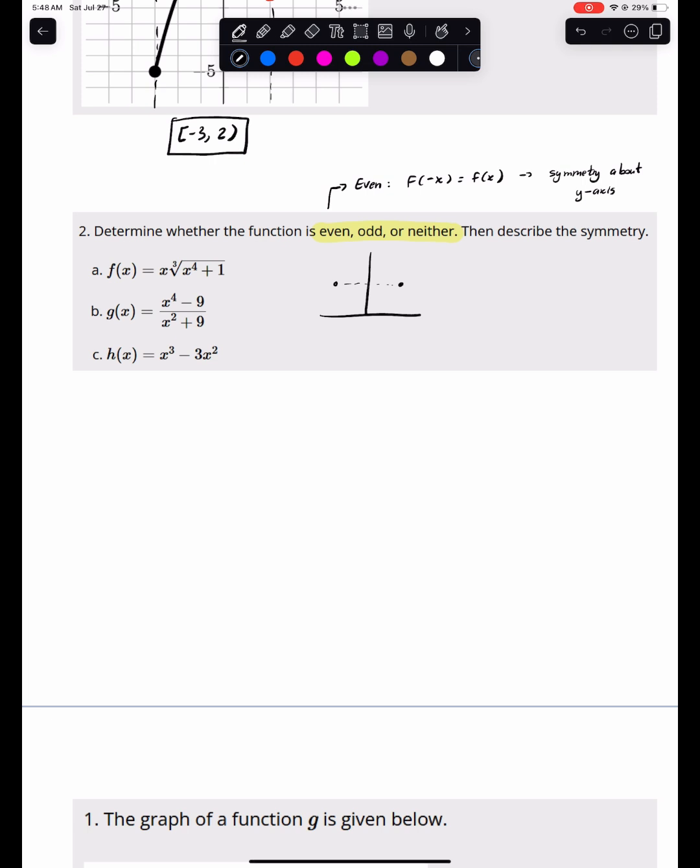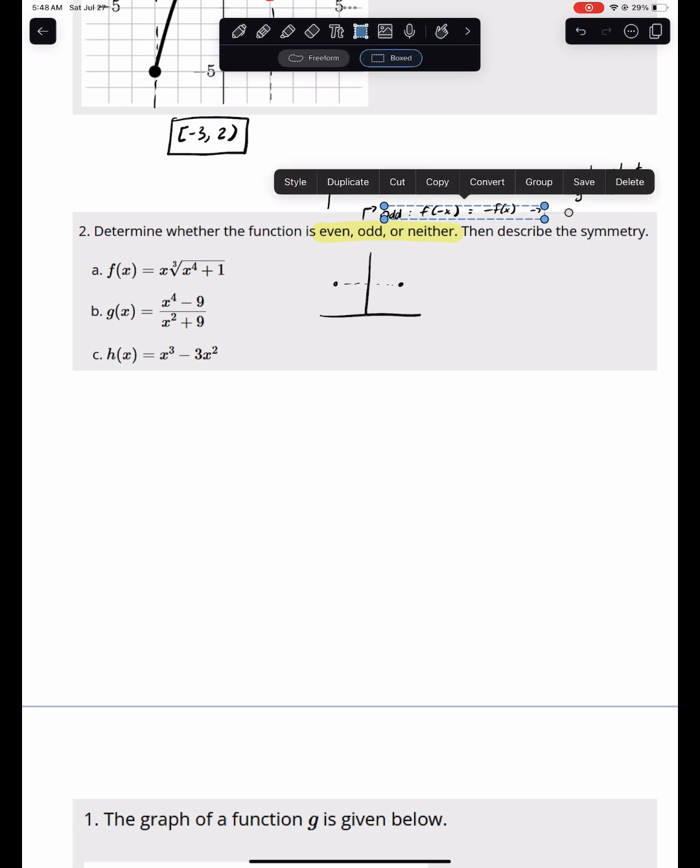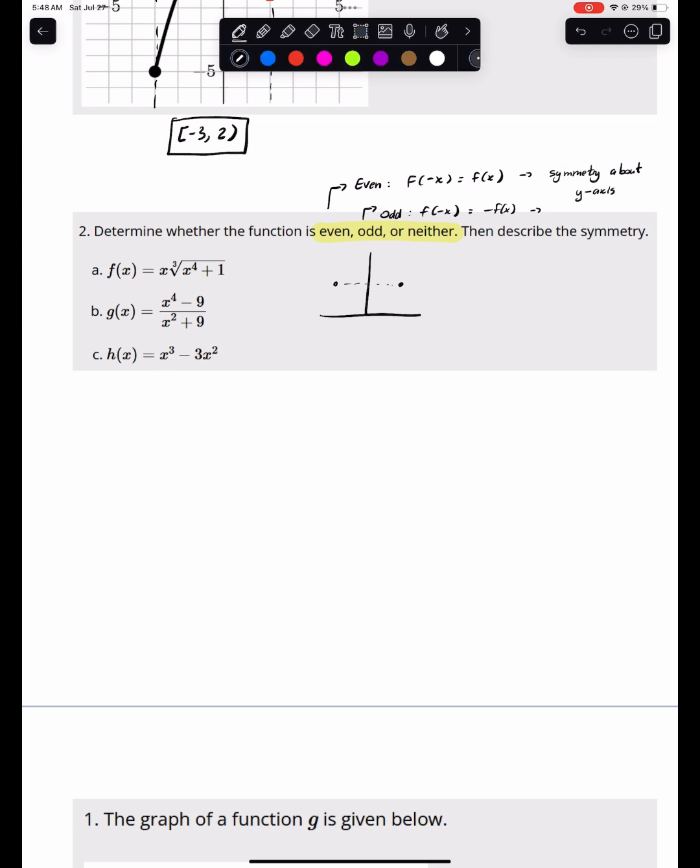Now for odd functions, if you do f of -x, you actually get -f of x. And this is what we call symmetry about the origin.